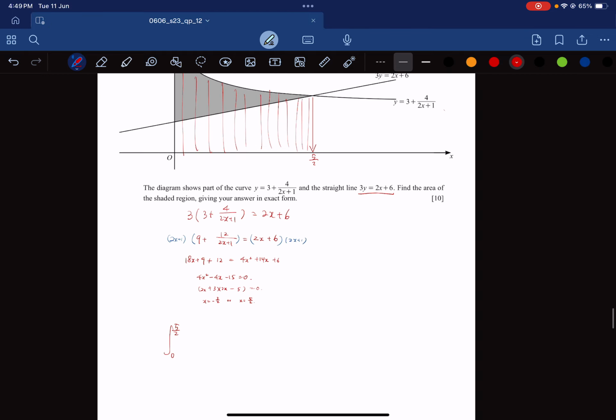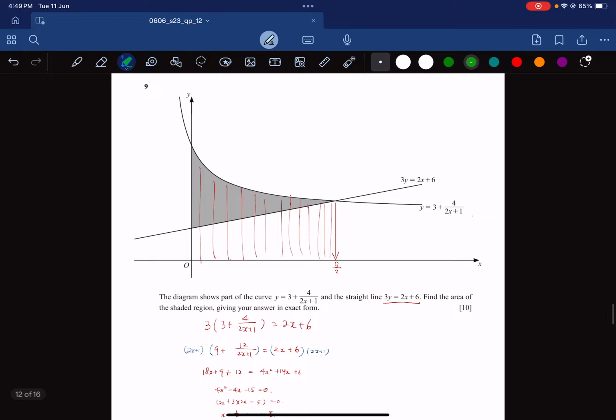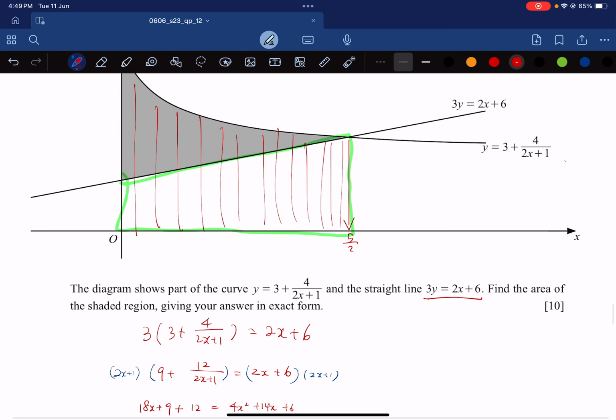Integrate the curve 3 plus 4 over 2x plus 1 dx, minus the area of this trapezium. So for this trapezium, we need to know the height, A and B, and the height is 5 over 2.